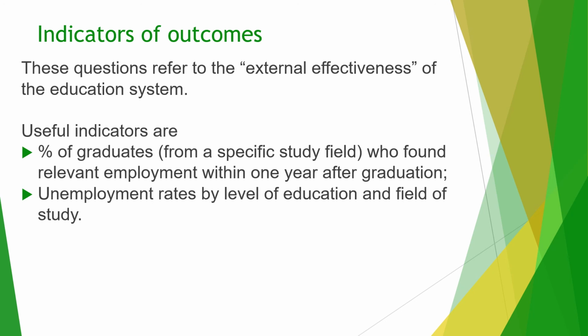These indicators help us understand in how far the education system actually provides students with the skills that are needed in the job market and prepares them for the job market.